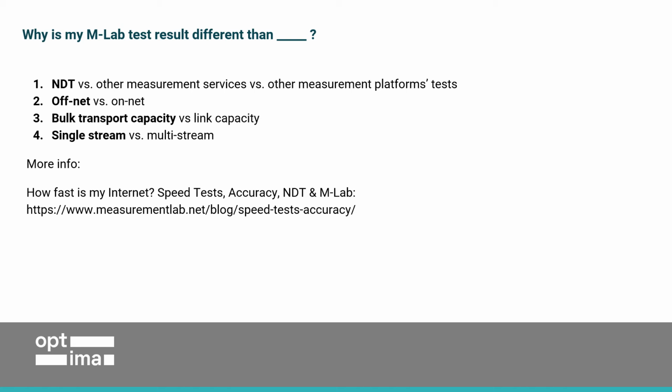All MLab measurement services inherit the properties of our off-net server platform. And NDT measures the single stream performance of bulk transport capacity. If you're interested in learning more, you can read about this subject in the blog post that's linked on this slide.